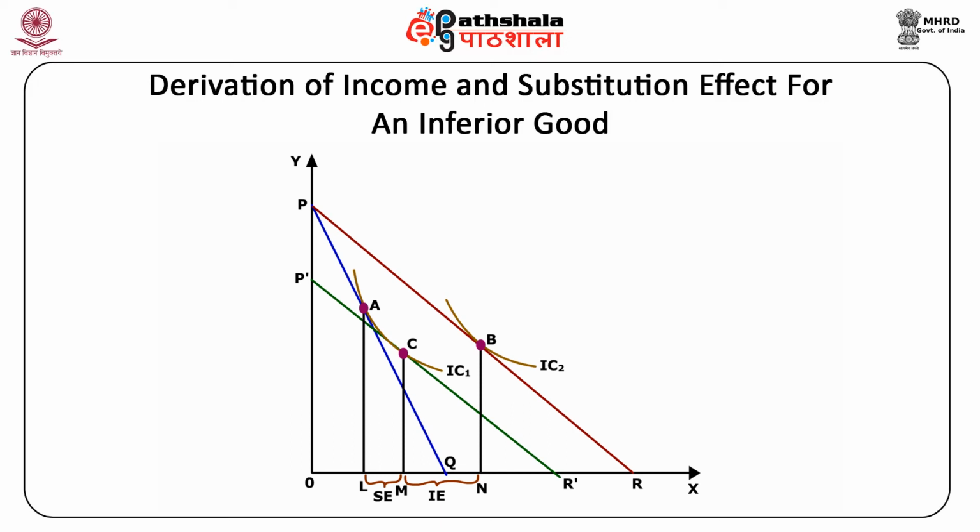As price of good X falls owing to the substitution effect, quantity demanded increases by Lm, whereas owing to the income effect, quantity demanded is reduced by Mn, but Lm is greater than Mn. Thus, when the price of an inferior good decreases, the quantity purchased increases, as substitution effect is greater than the income effect, satisfying the law of demand.